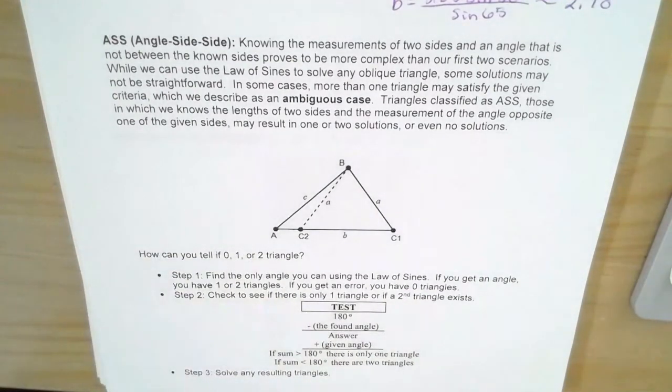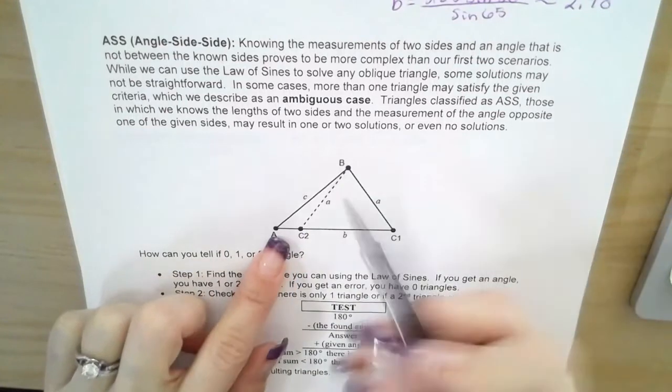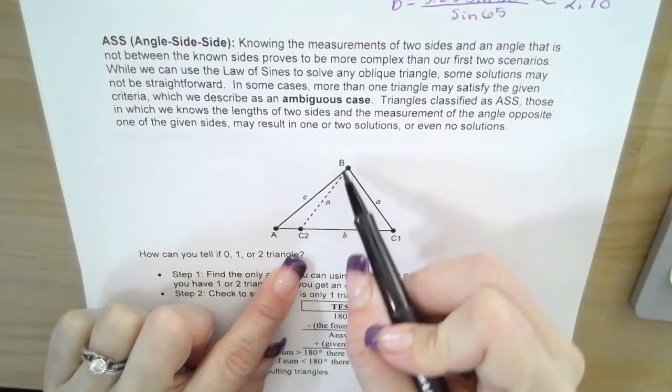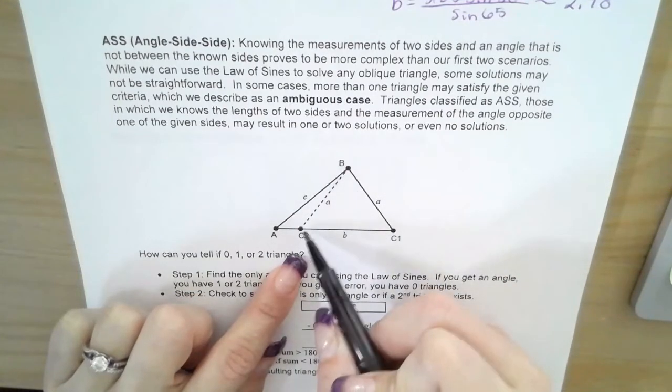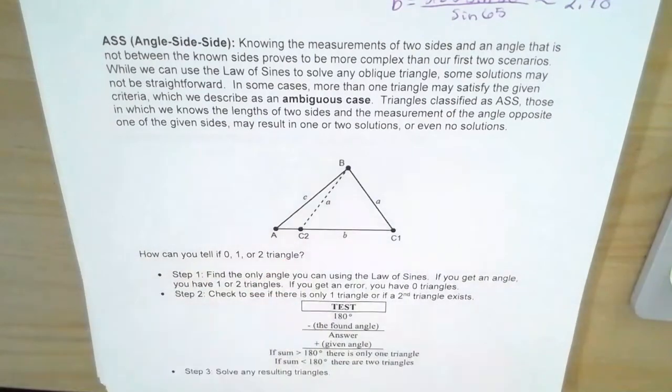So the idea here is that you can create two triangles, this larger one or this inner one, just based on angle, side, side.